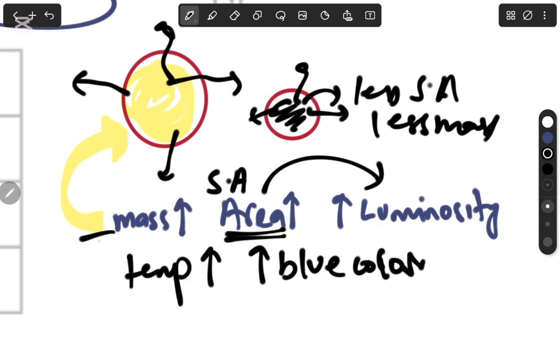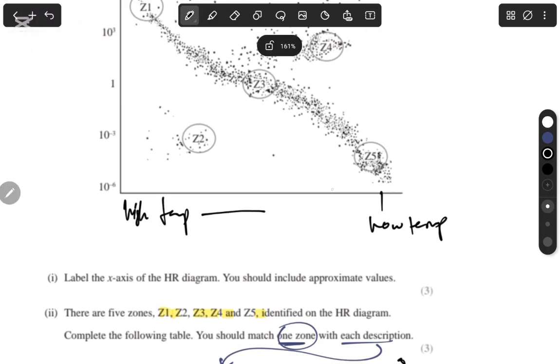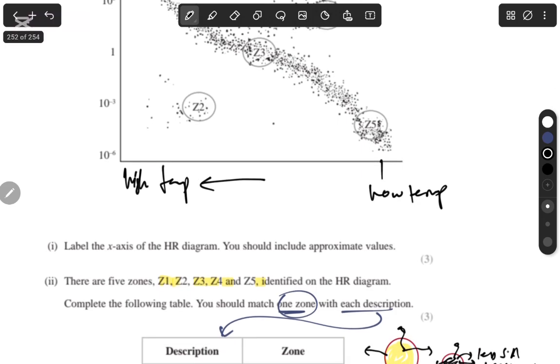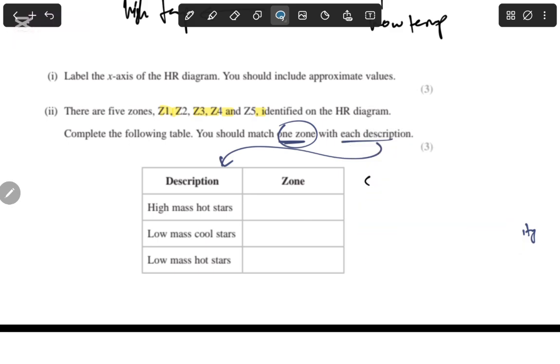So that's the first thing you have to understand. Second is, the higher the temperature, the more blue color will be visible, and the more you will be towards the left side of the graph. So what I want to do here is state a couple of rules based on this.